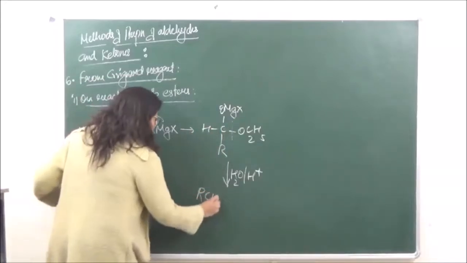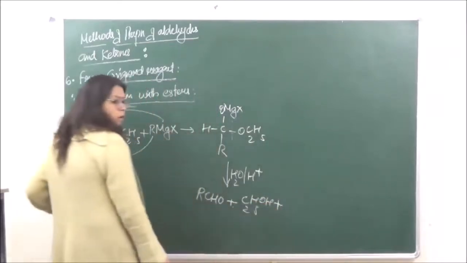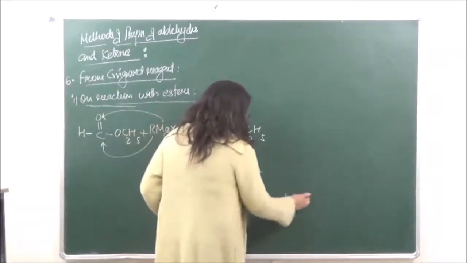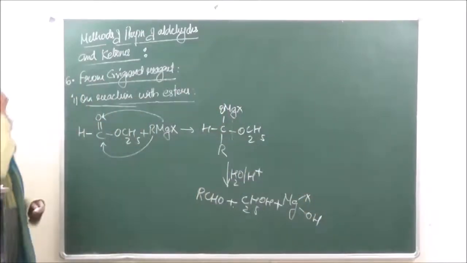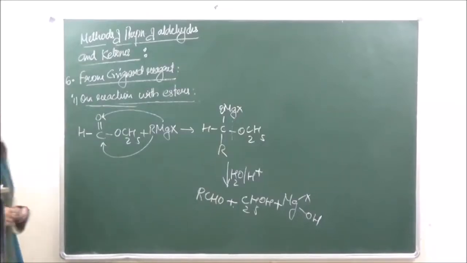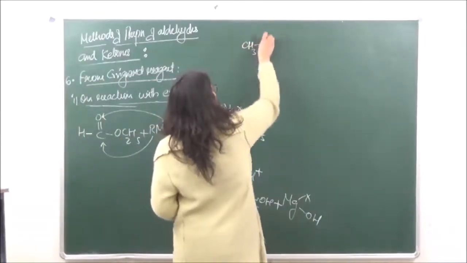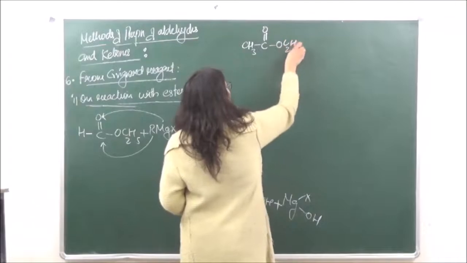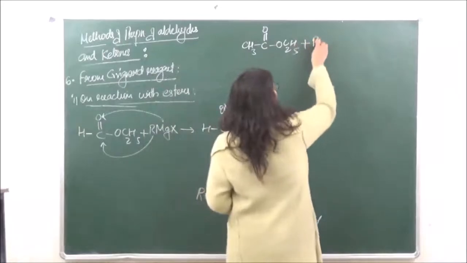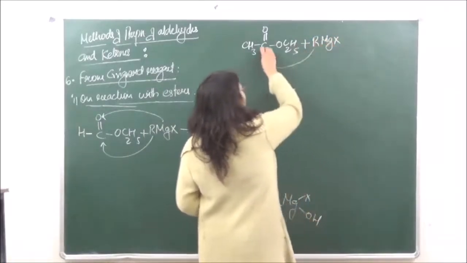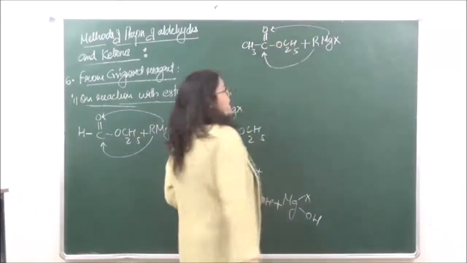RCHO plus C2H5OH plus MgX and OH. If we are taking higher esters over here, like we are taking over here ethyl ethanoate, right, and with this the Grignard reagent attacks. Same mechanism, R will attack at the carbon atom, MgX will attack at the oxygen atom.